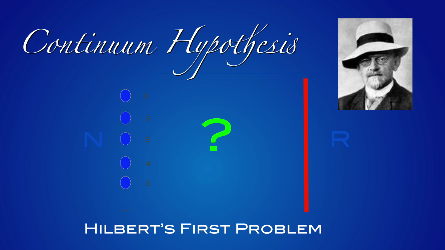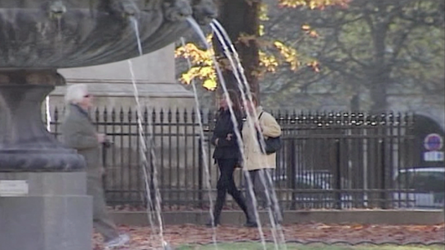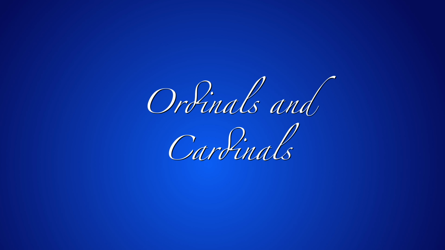And then he went on and asked, is there an infinity between the infinity of the natural numbers and the infinity of the reals? Cantor could not answer that, and it became Hilbert's first problem at the turn of the century. But he created a beautiful universe of ordinals and cardinals.